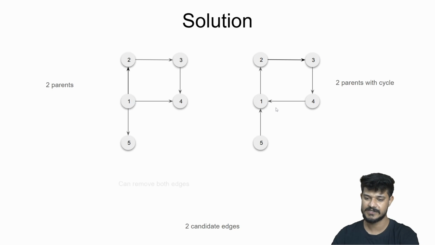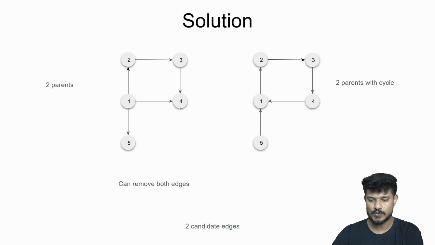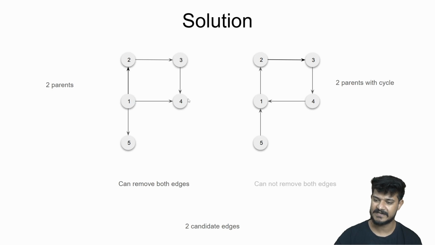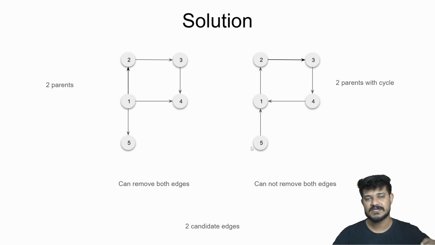But the issue here is that in the first case, where we have a node with two parents but it doesn't have a cycle, we can remove both of the edges. It won't create any issue. I can remove 1 4, no issues at all. I can remove 3 4, no issues at all. But in this case, where we have a node with two parents and also a proper cycle like this, that means a node is connecting from outside the cycle.